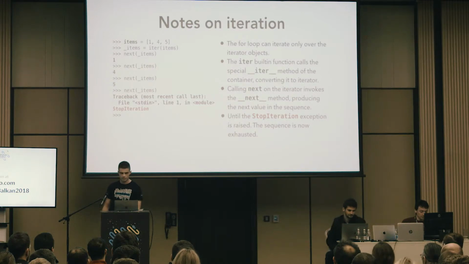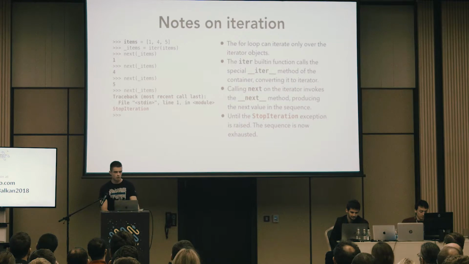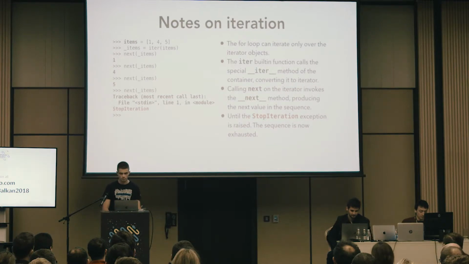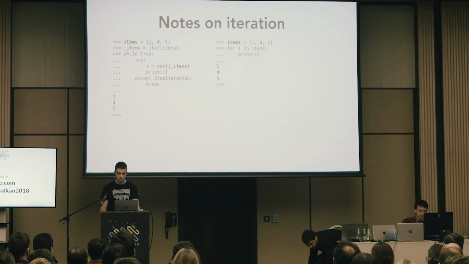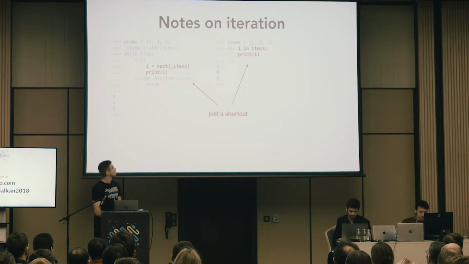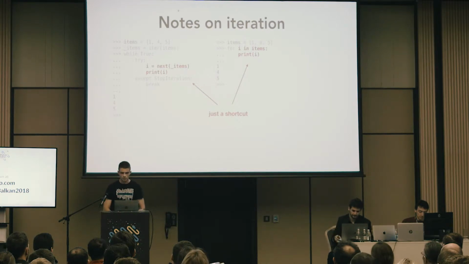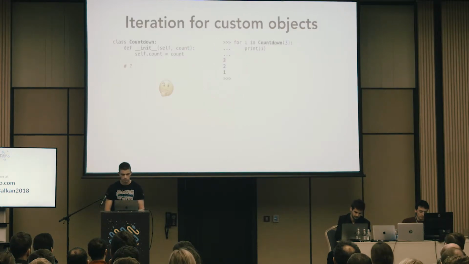That's it. This is basically the for loop. There's nothing else going on on the side of the for loop that you should know about or care about. This is the basic abstraction of that. If we compare it to the actual for loop, it's basically the same. It's just a shortcut for whatever is here. So that's how stupid the for loop is.